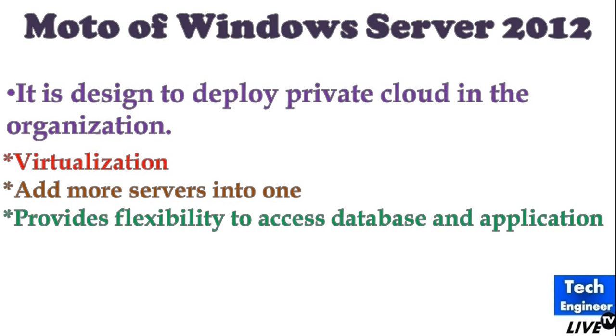You need not worry about whether we have enough hardware or not, because you have copies of one particular server, and you can have those devices ready and deploy them into one.